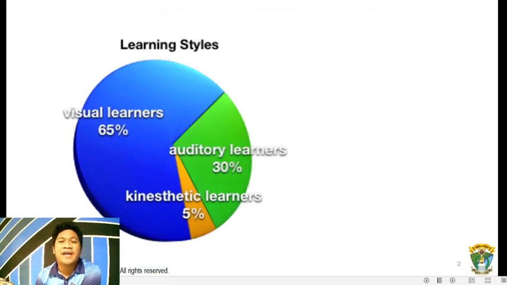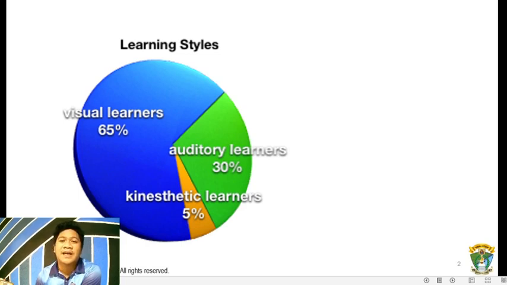We first have here a graph which is about the learning styles of the students. So this is very important for teachers. This is a very important information that teachers should know. And this graph can give a good visualization of what is the majority of the class, or what is the major characteristic of the class.